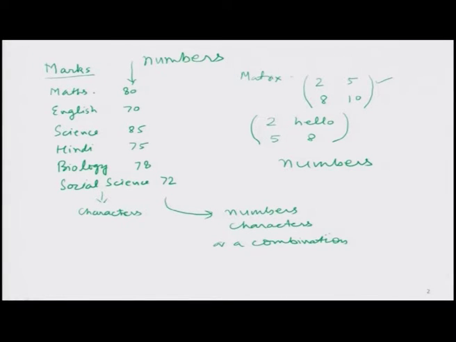Right. So, whenever we are doing data analysis, there are certain situations where we need to input the data or we need the output of data in the form of a list. The advantage of having a list is that we can have all sorts of data inside the list.